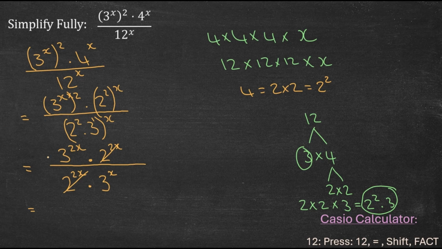Now let's see what is left. We've got 3 to the power of 2x left and 3 to the power of x. The bases are the same and we are dividing, so that means I can keep my base and I can subtract my exponents, which is 2x minus x. And that leaves me with 3 to the power of x. So this is the final answer.